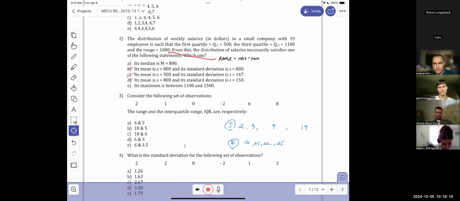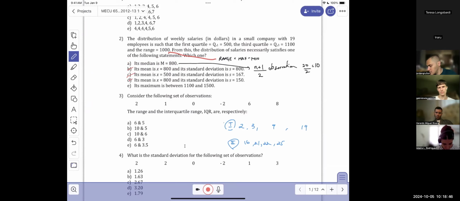We do not have enough information to get the median. Why not? Think about what the median is. The median is found as the (n plus 1)/2 observation. Now we know 19 is n, so it's 20/2, the 10th observation, but do we have all the observations to count to the 10th?